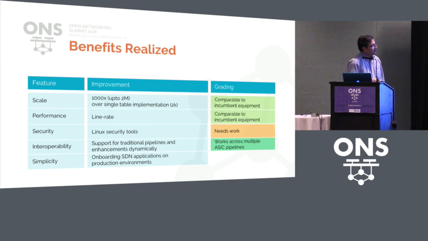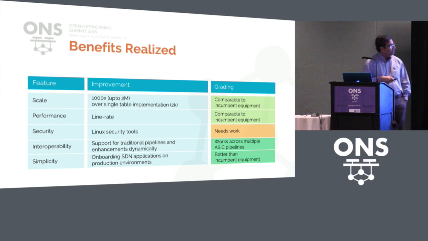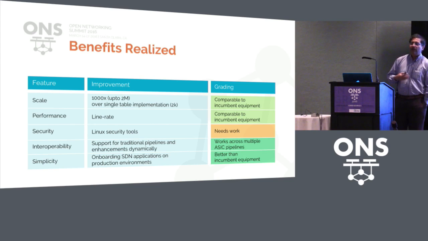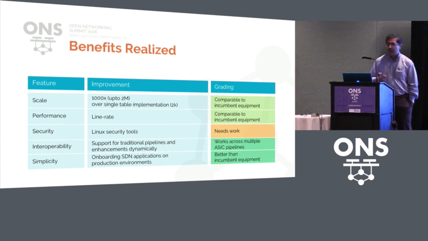So we went a bit ahead and tried to compare or grade ourselves against a traditional infrastructure, because that is extremely important, right? How do you grade yourself against the current infrastructure that the customer has? In most cases, we are at par with the incumbent infrastructure. There is nothing unique or different that the current infrastructure would do for a typical routing application.